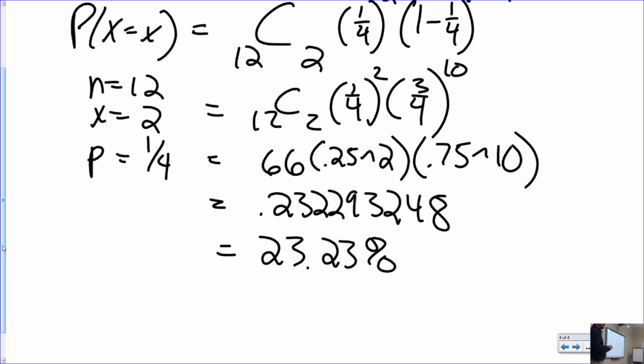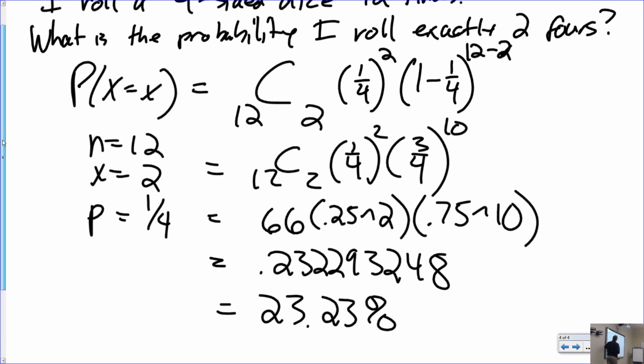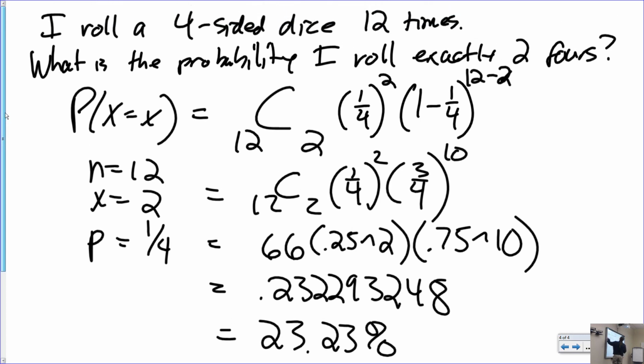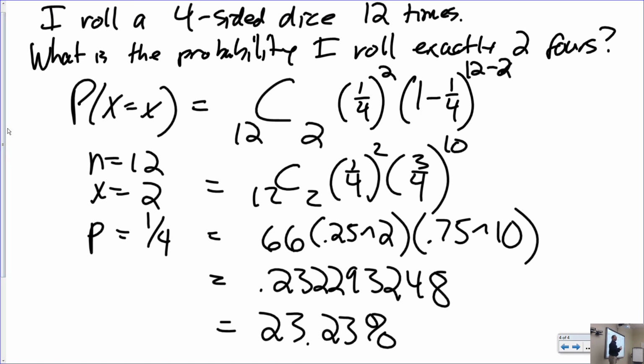Why did it work out that way? It's like a quarter of the time. If you roll a 4-sided die 12 times, how many 4s do you expect to roll? 3, right?